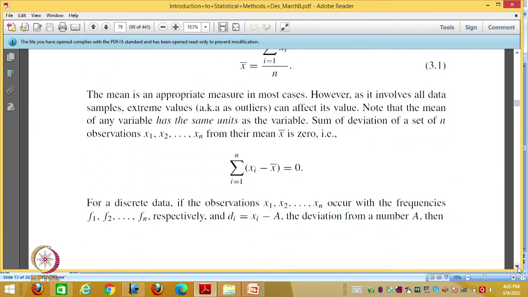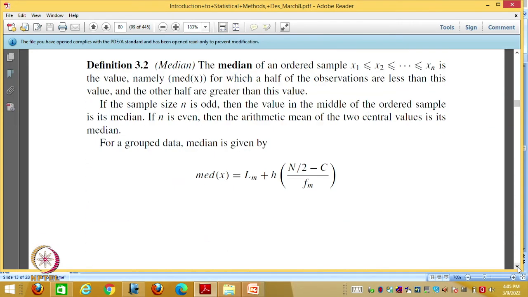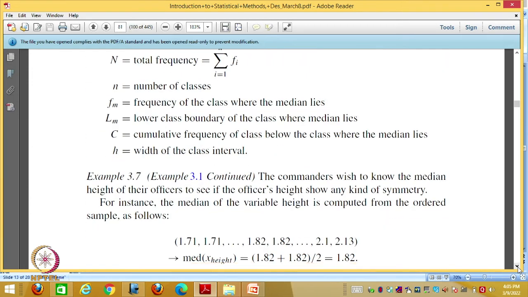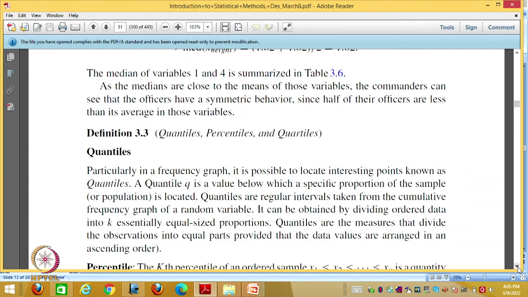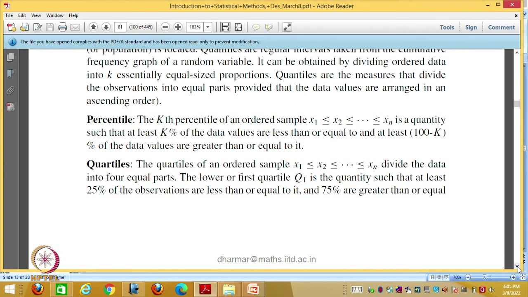And the next important descriptive measure is the median, that you would have seen in real ways where the median is placed. And we have both discrete and continuous, then percentile and quartile, which one can study easily in different places.